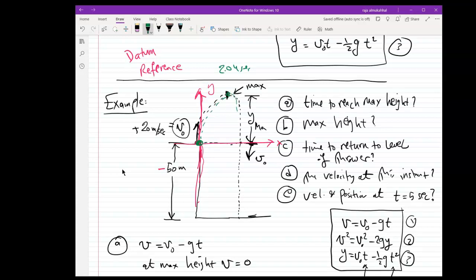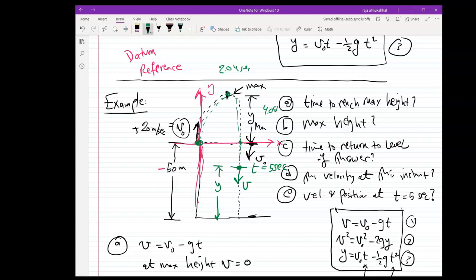At here, on the 4.08 second, it reaches the level of the thrower. Well, on the 5th second, it's somewhere here, and it's going down. This is on the 5th second. Part E here said the velocity and position on the 5th second. So what is the velocity here and the height?